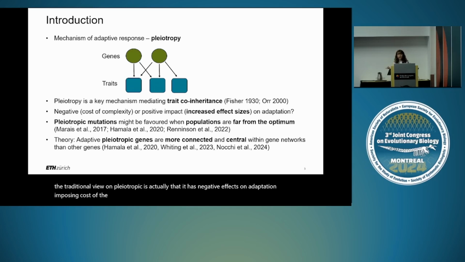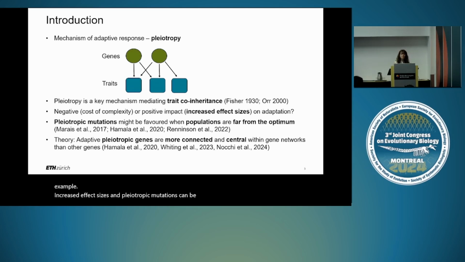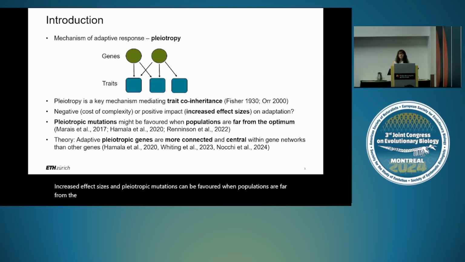But on the other hand, it can also have a positive impact, for example, through increased effect sizes. And pleiotropic mutations can be favored when populations are far from the optimum. Such a case can occur during range expansions, when populations are colonizing and adapting to new environmental conditions.